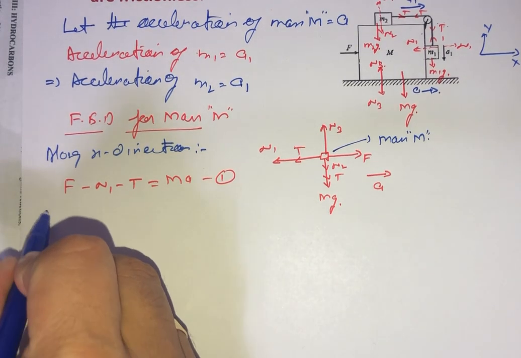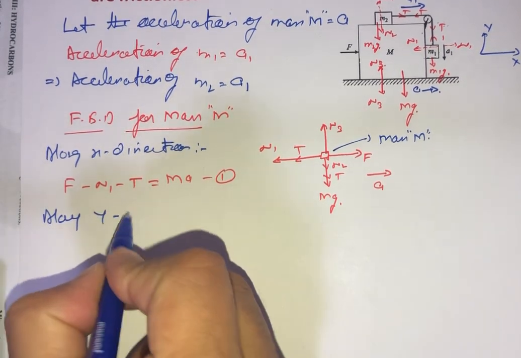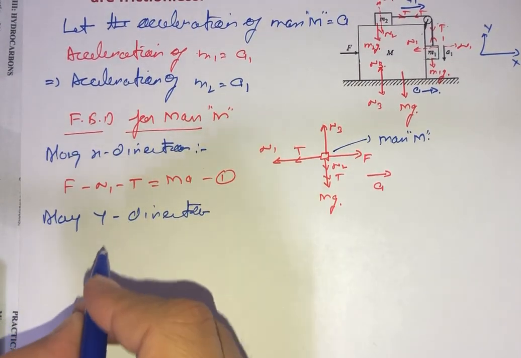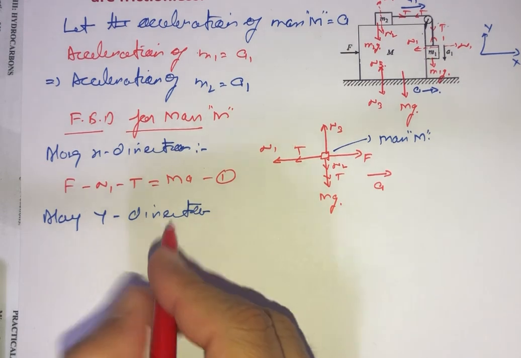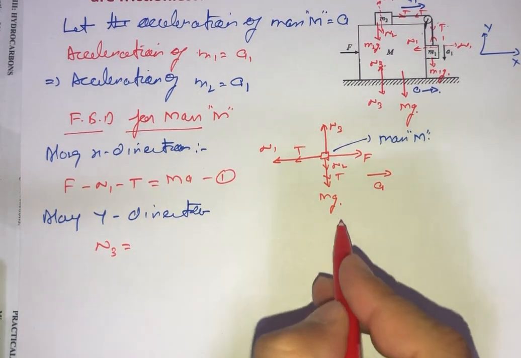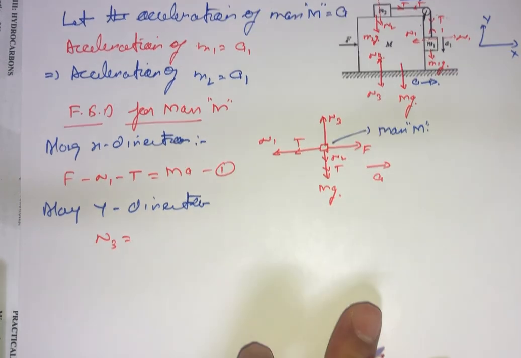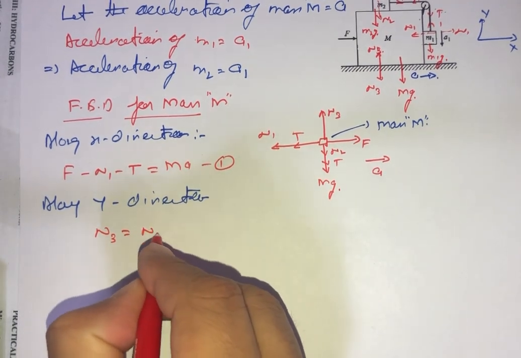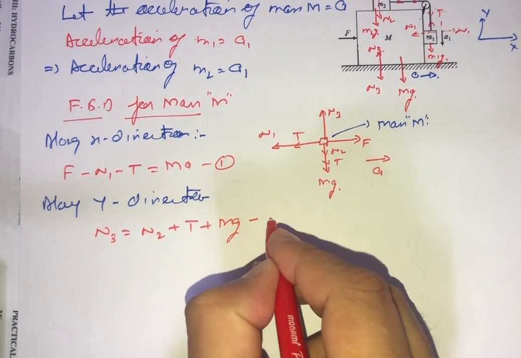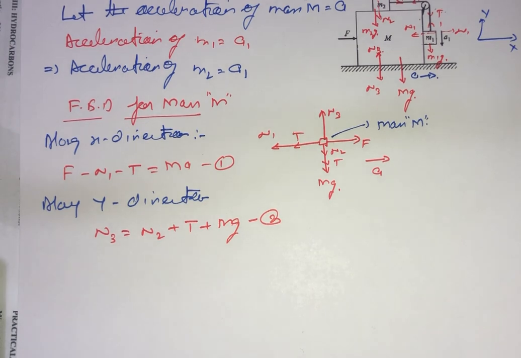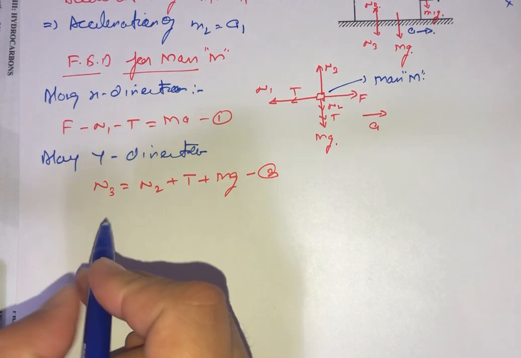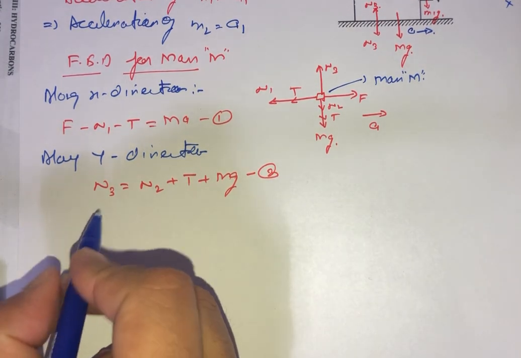And along the y direction we have N3 is equal to N2 plus T plus Mg. Let this be equation number 2.